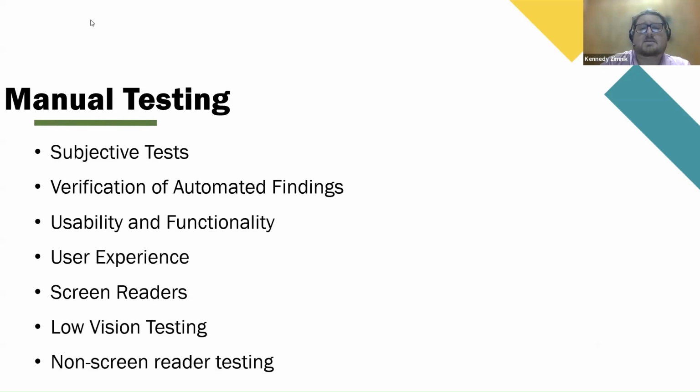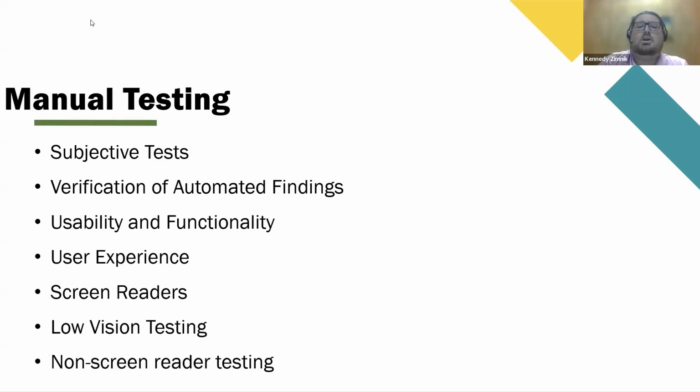Is the alternative text for this image actually good alternative text? So of course it's verification of automated findings. That's a big piece of manual testing, using your automated findings to help inform your testing. Manual testing actually tests user experience, which is really the most important part of this whole thing. How good is the experience for the students, and are they getting equivalent access to the material being taught or the software that's being shared?